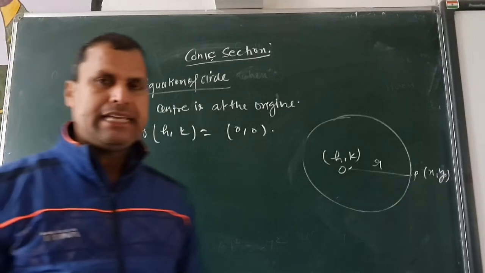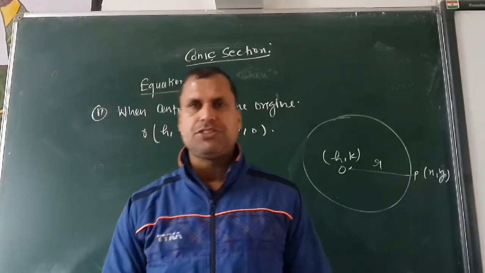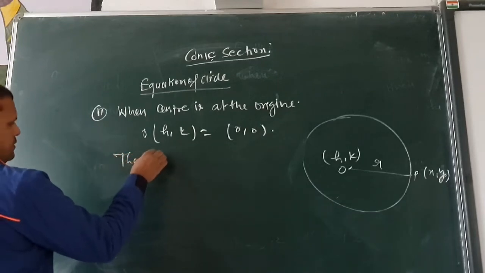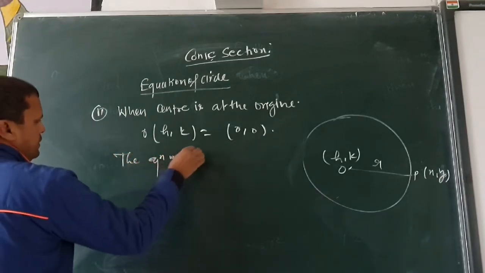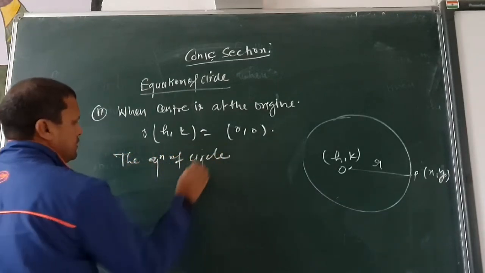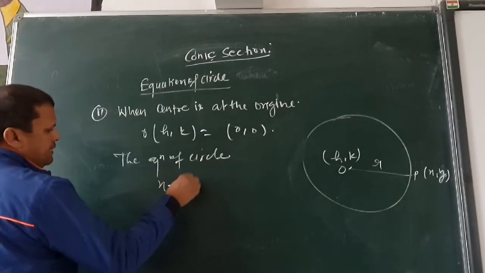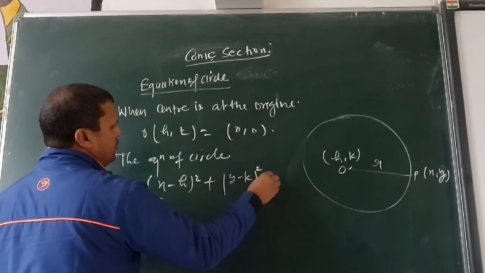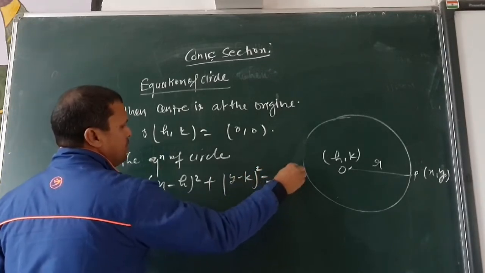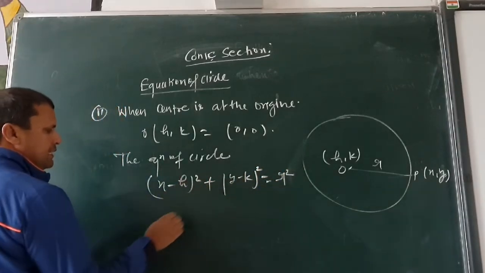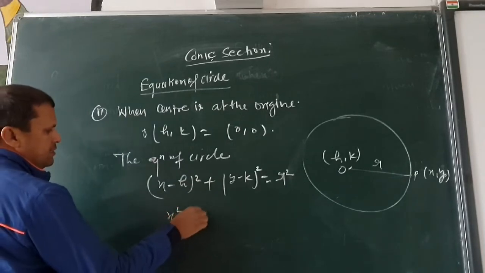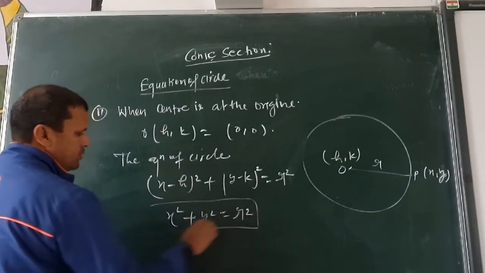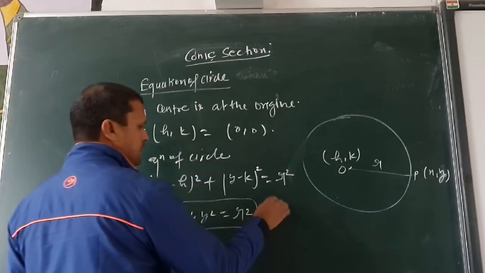So the value of h is 0 and k is also 0, and the equation of circle is (x minus h) whole square plus (y minus k) whole square equal to R square. Put the values h and k equal to 0. So x square plus y square equal to R square. This is the answer.